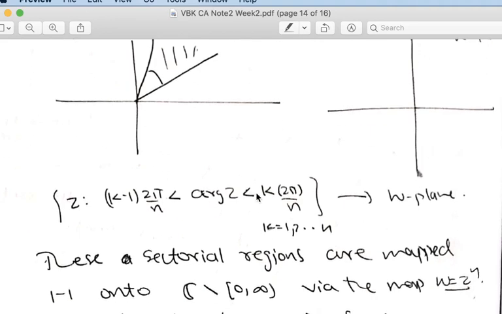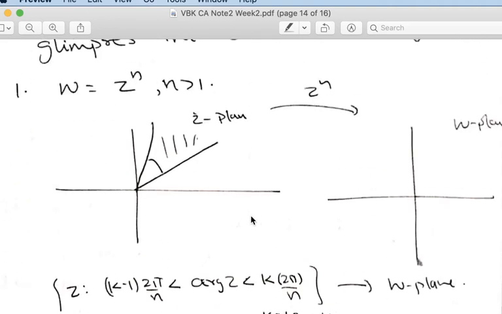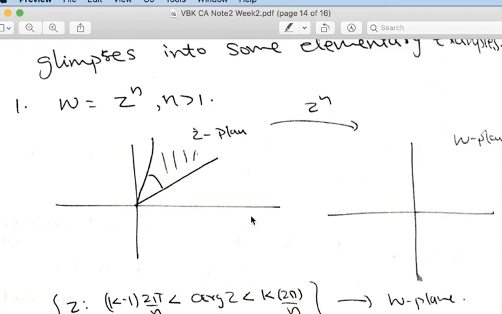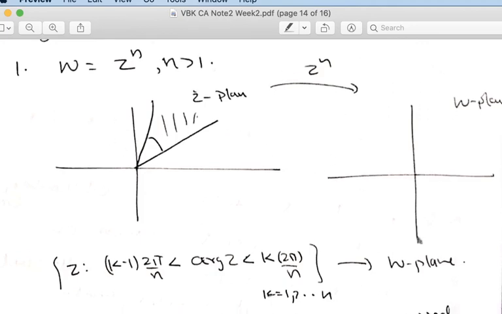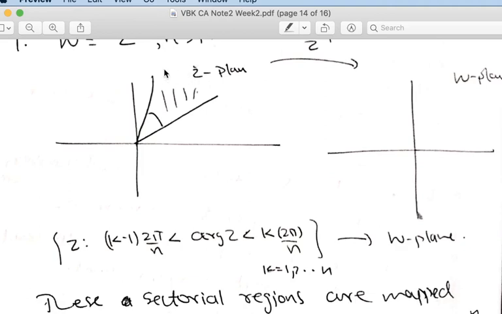In this case there will be n such regions, because we are taking the nth power. You take one rotation around the w plane, and you end up with one branch here. Then if you go around again removing the positive axis, you get another branch, and so on. Once you fill out the whole complex plane you will get n such sheets here.